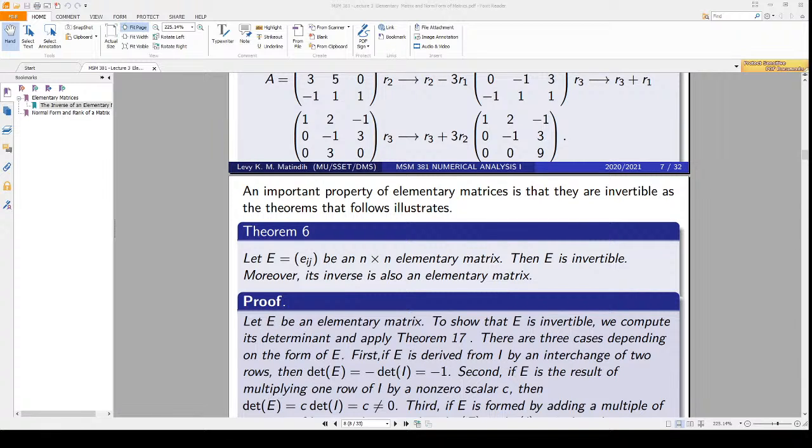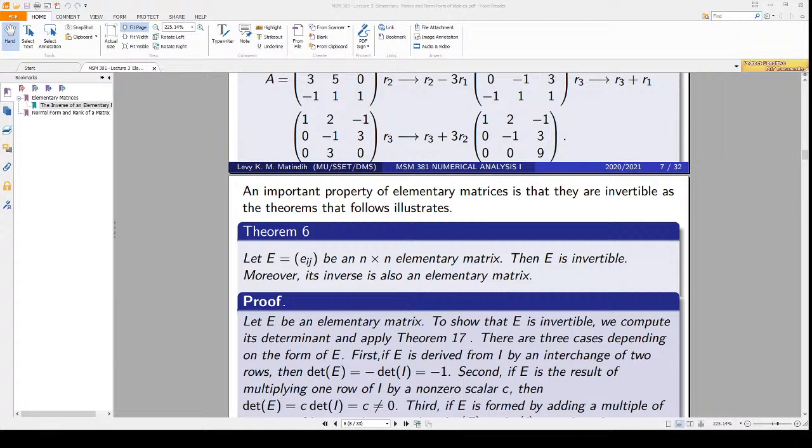Remember, every elementary matrix is a square matrix. Being a square matrix, we are saying an elementary matrix is invertible. Moreover, its inverse is also an elementary matrix.